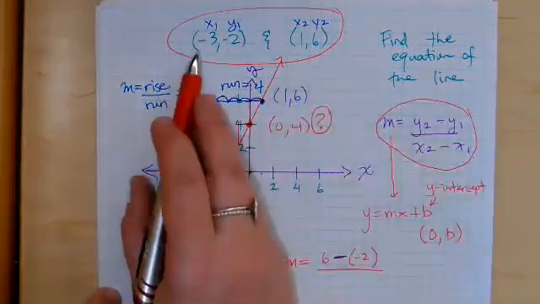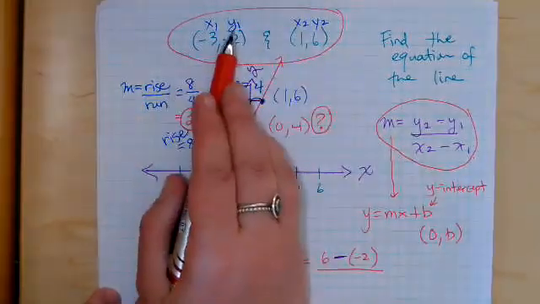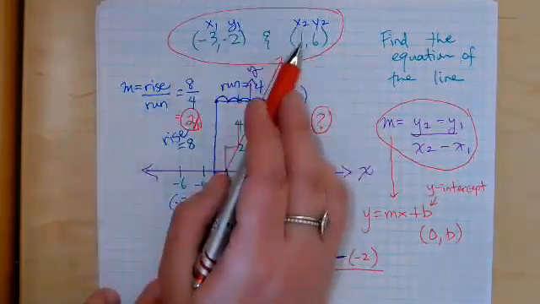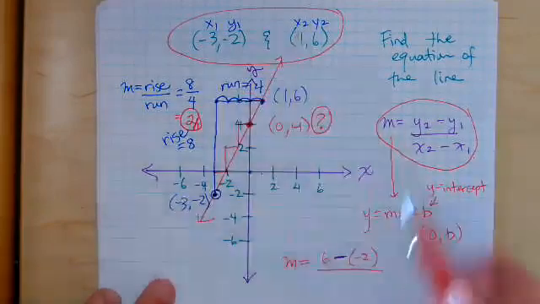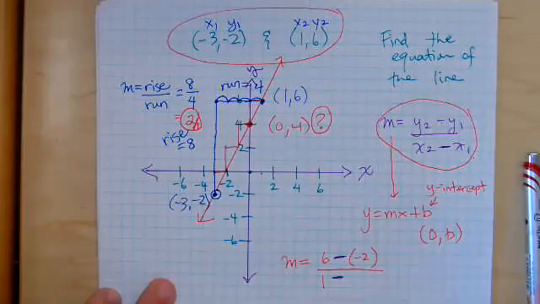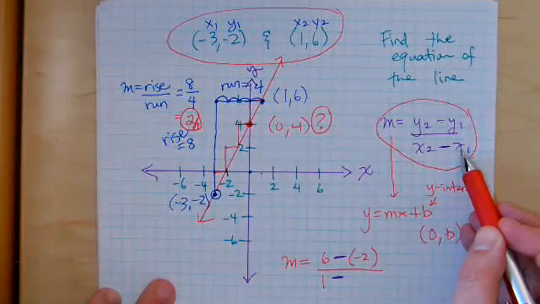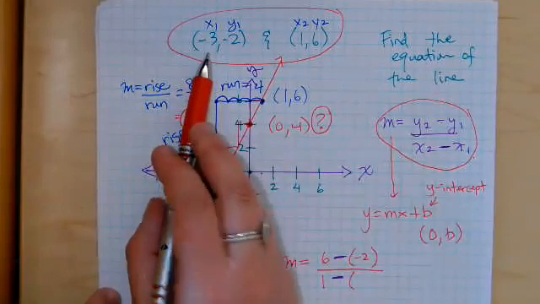So x2 from my formula is here. That's why I always put the x1, y1, x2, y2 over the top or underneath, so that I don't have to worry about which point I'm grabbing. Here's x2. That's 1. From the formula, there's a minus. And then what am I plugging in for x1? Isn't that -3?